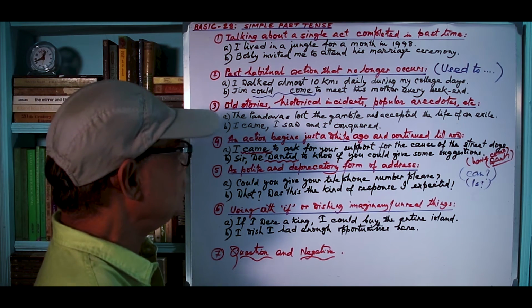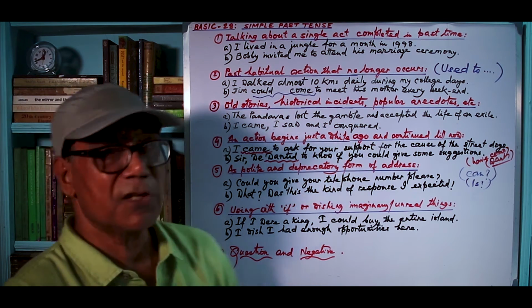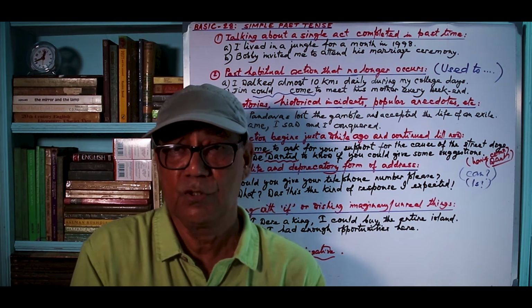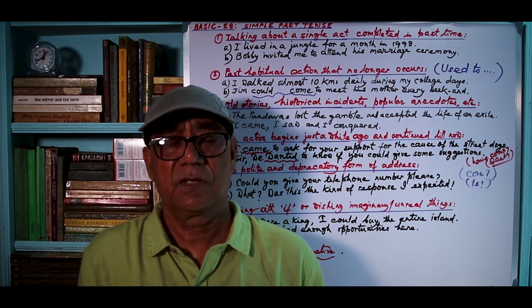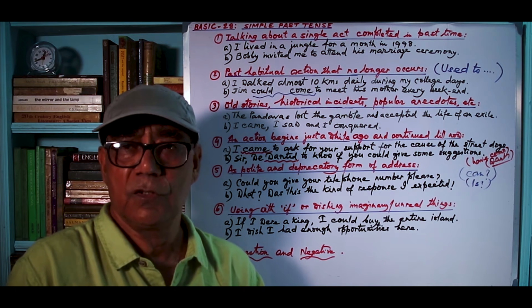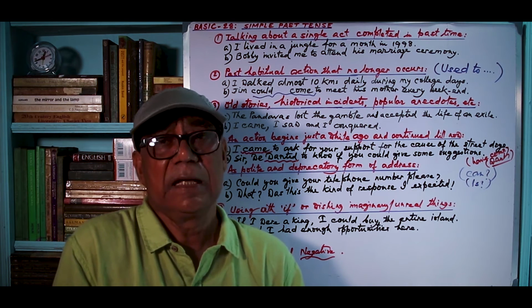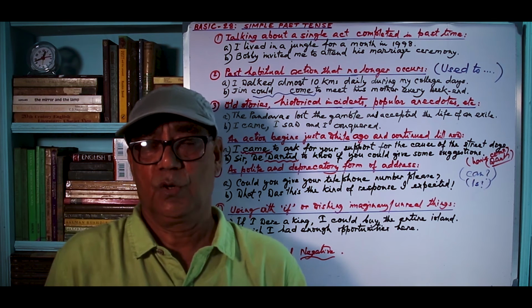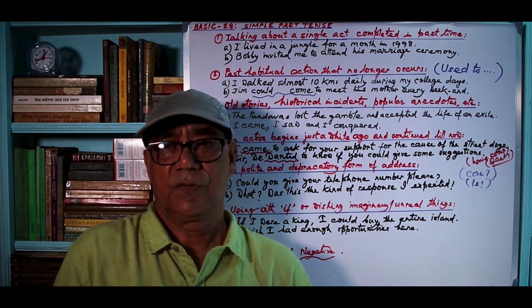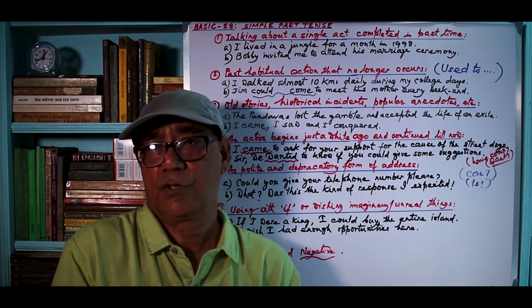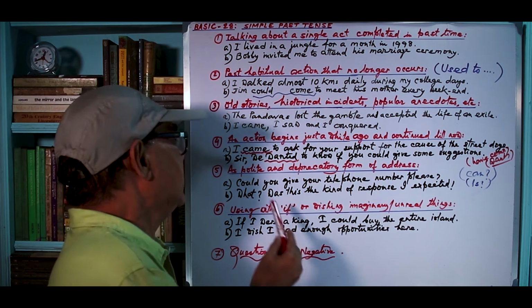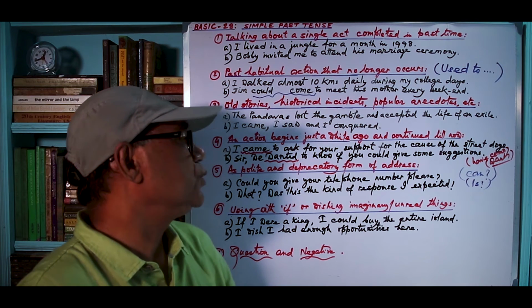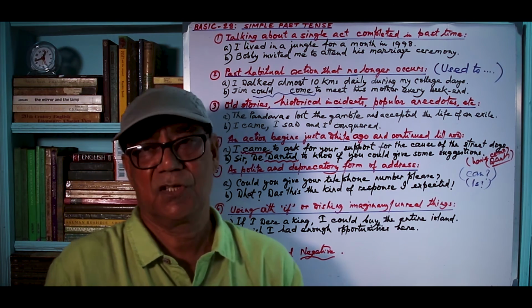Another example. Sir, we wanted to know if you could give some suggestions. What is this? We wanted to know, not that the question. Question is, we want to know. They have come to know. So this is very much present tense, but in spite of that, they say, we wanted to know if you could give some suggestions.